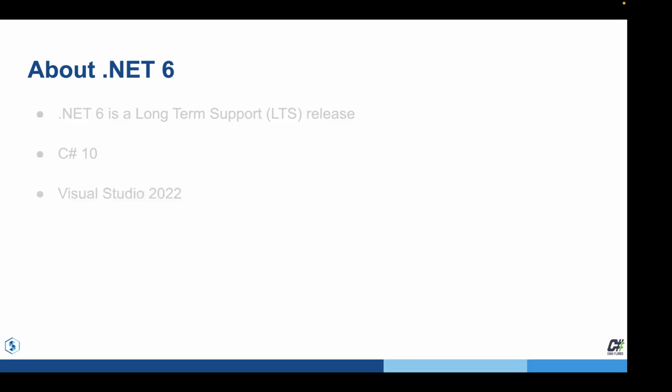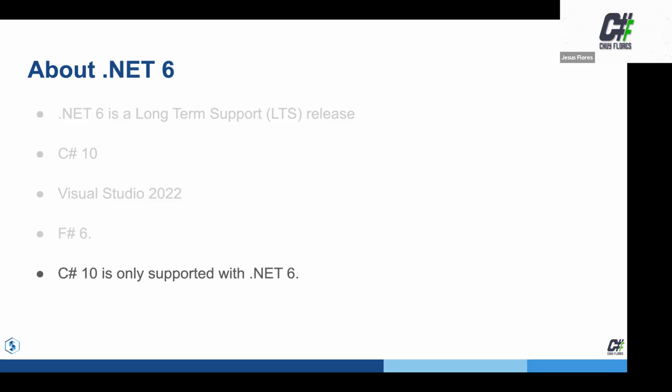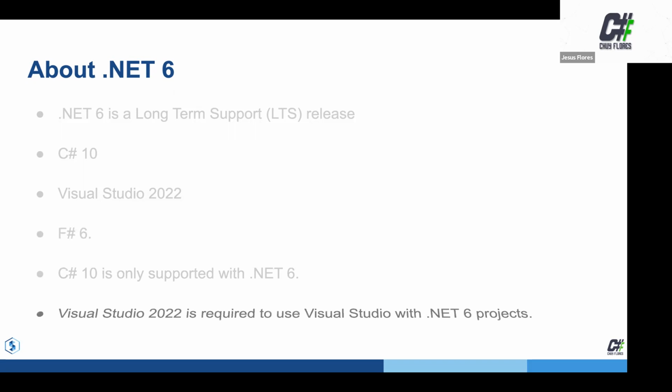They also provide new features for F#. I haven't used F#, but I just wanted to mention this. C# 10 is only supported with .NET 6, and Visual Studio 2022 is required, as I said, to create .NET 6 projects. So do you have any questions so far?